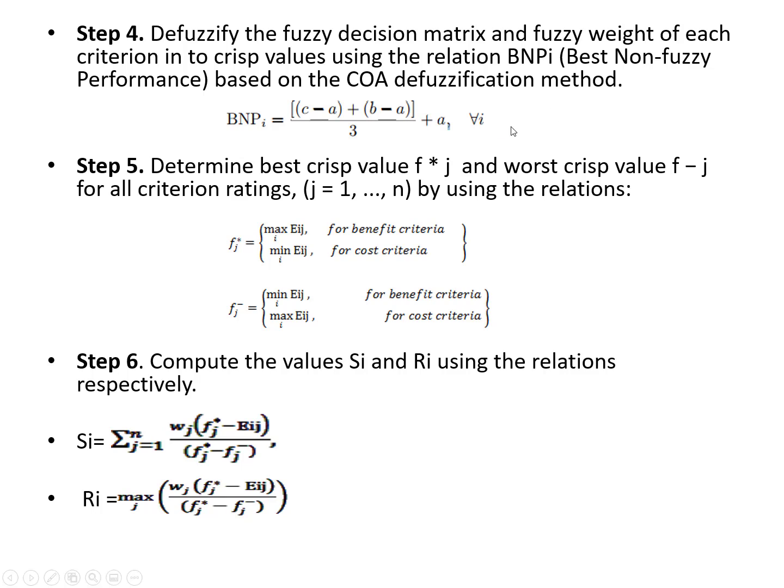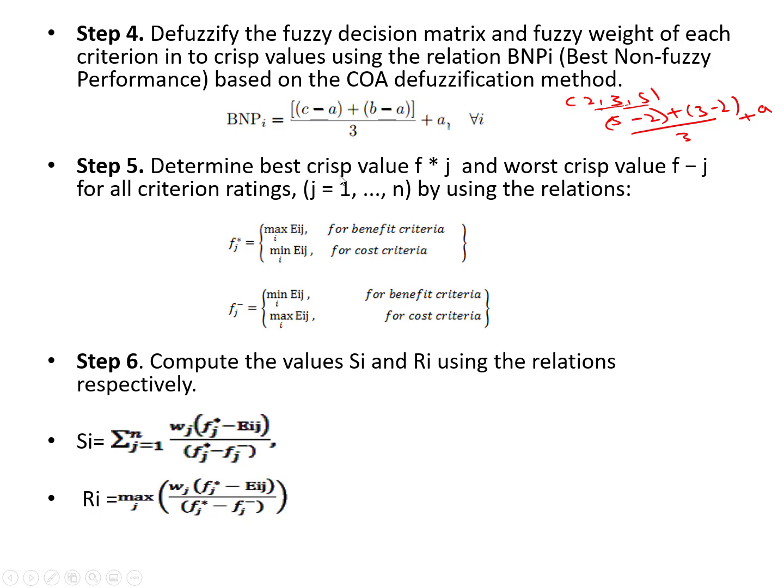For example, if we have 3 numbers, let's suppose 2, 3 and 5, how do we use it? C is 5, so 5 minus 2, plus 3 minus 2, divided by 3, because this is a triangular fuzzy number, plus a, where a is 2. This is how you calculate the best non-fuzzy number.